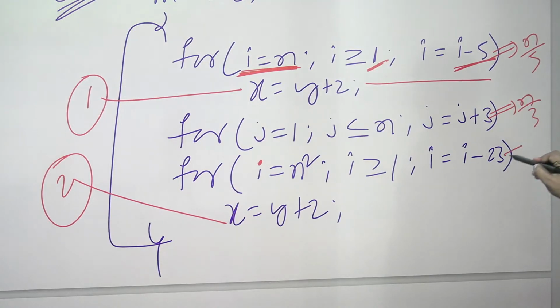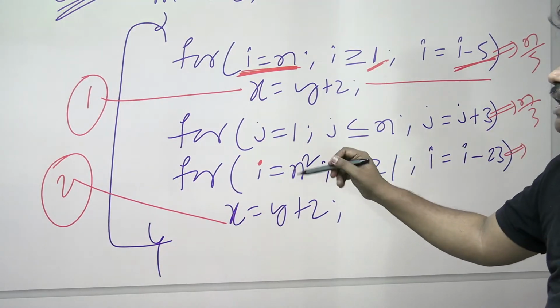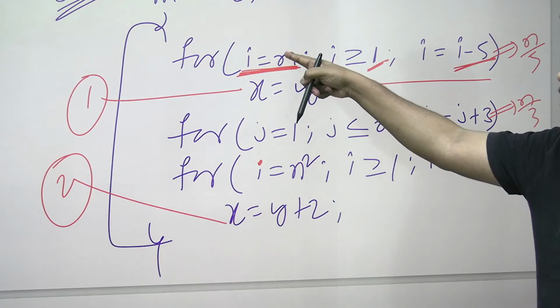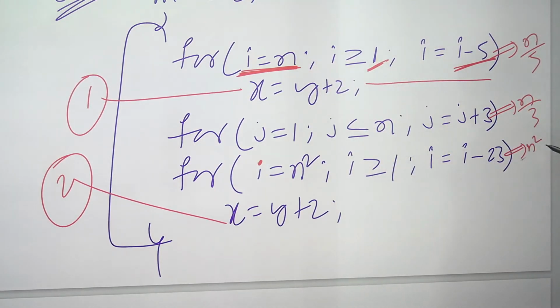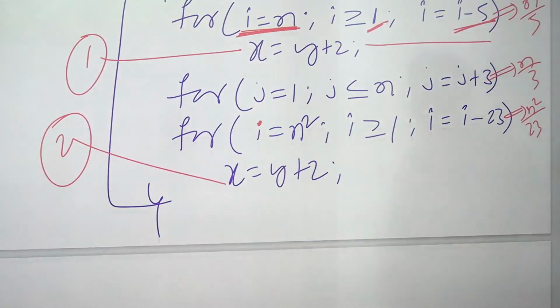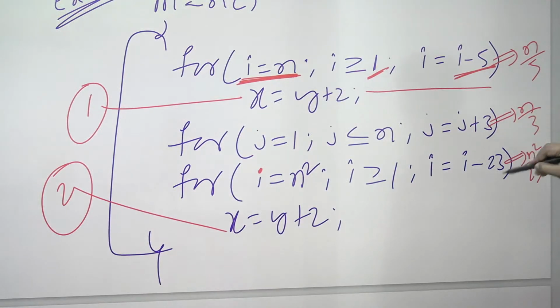So it starts from n square, giving n square by 23. So the first statement is n by 5, and the second statement is n by 3 times n square by 23.